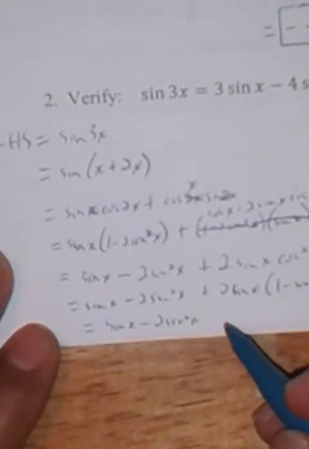I think of sine cubed x. This is 2 sine cubed. No wonder I was like, where's the sine cubed gone? All right, plus 2 sine x minus 2 sine cubed x. That'll be 3 sine x minus 4 sine cubed x. And that is the right-hand side.